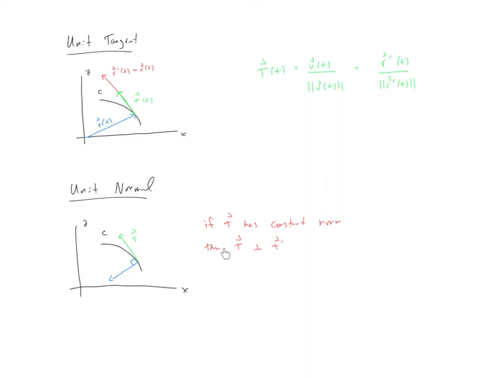Well, in this case, it is going to work out that this vector and this vector are perpendicular, this being T prime. We can say that with confidence now because T has a constant norm. The constant norm of T is going to be 1 because it's a unit tangent. So since that has a constant norm, when we take the derivative of it, T and T prime are going to be perpendicular each time.